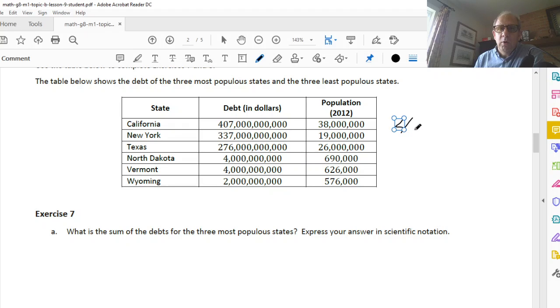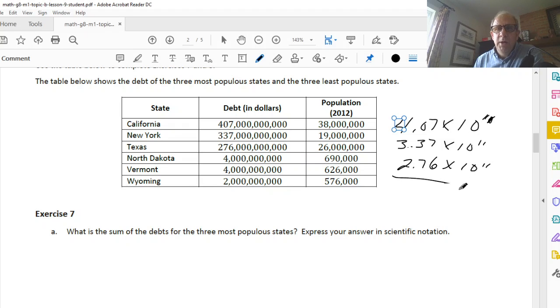So this is 4.07 times 10, and what do we got? 3, 6, 9, 10, 11. 4.07 times 10 to the 11th power. This is 3.37 times 10 to the 11th power. I know it's the 11th power because it's the same number of zeros. So this one would be 2.76 times 10 to the 11th power.